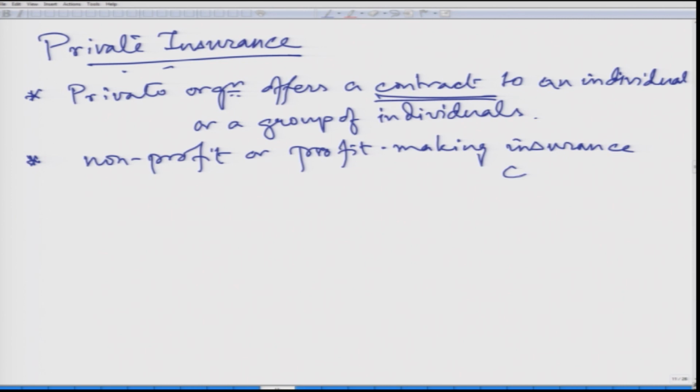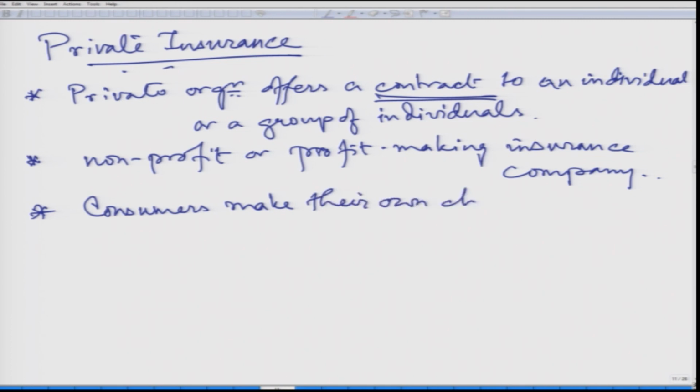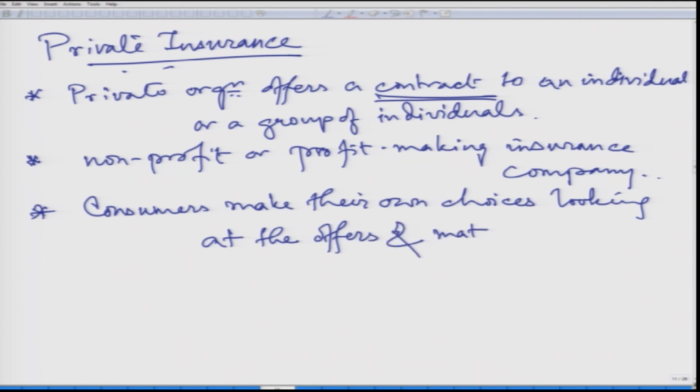Finally, it is voluntary, the consumers make their own choices, looking at their offers and matching them with their individual preference.